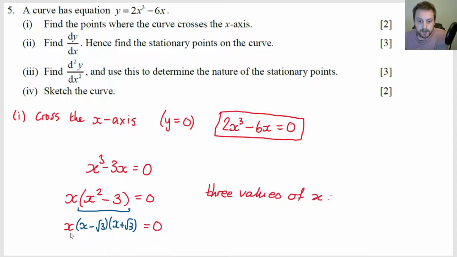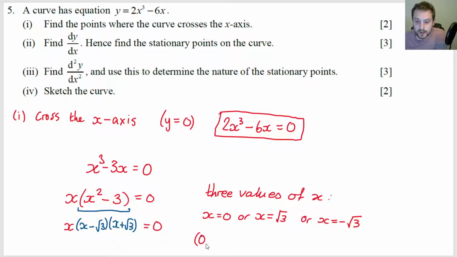There's x is 0, so x could be 0, the whole thing would be 0. Or x is the positive square root of 3, or x is minus the square root of 3, so x is minus root 3. And it wants the points, so it's not enough just to say what x is, you have to say what y is going to be.